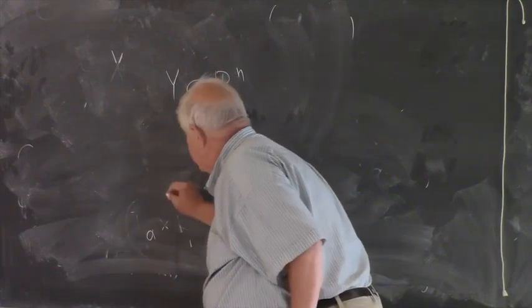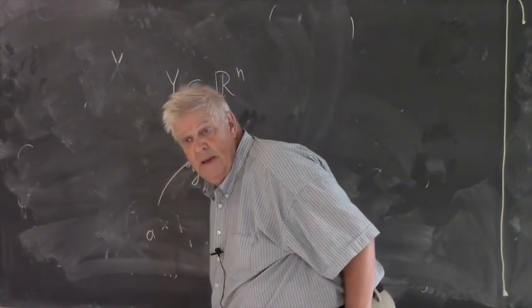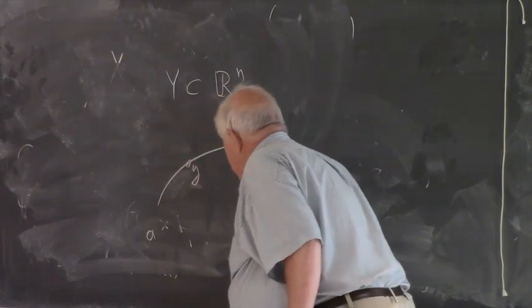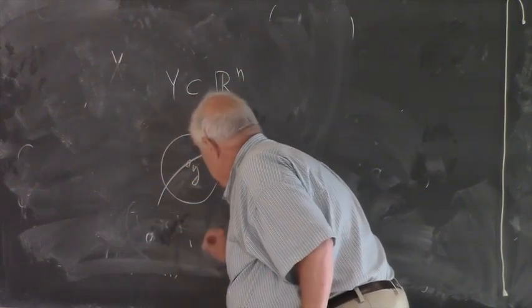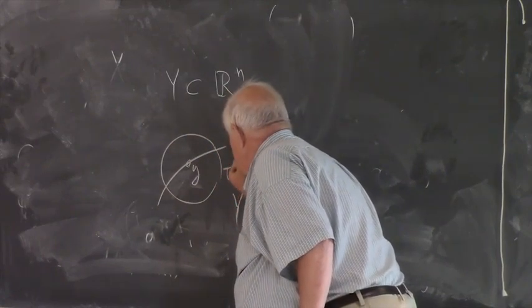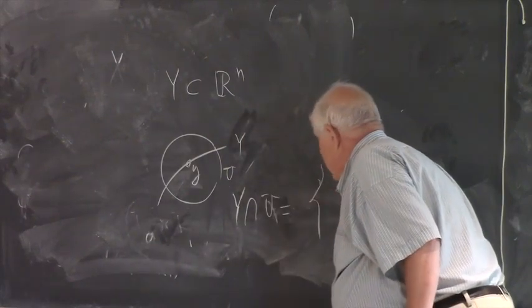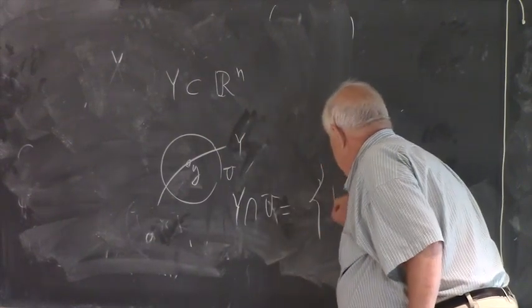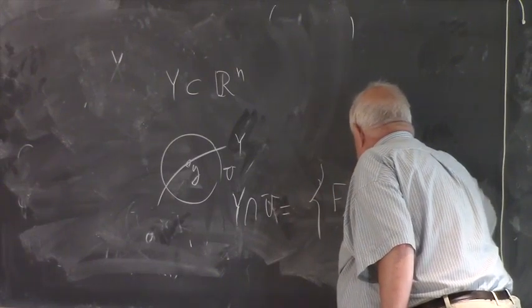I suppose that every point of Y has a neighborhood U in which Y intersection with U is the set of solutions of a certain system of equations. Let me write f_i(x) = 0 here.